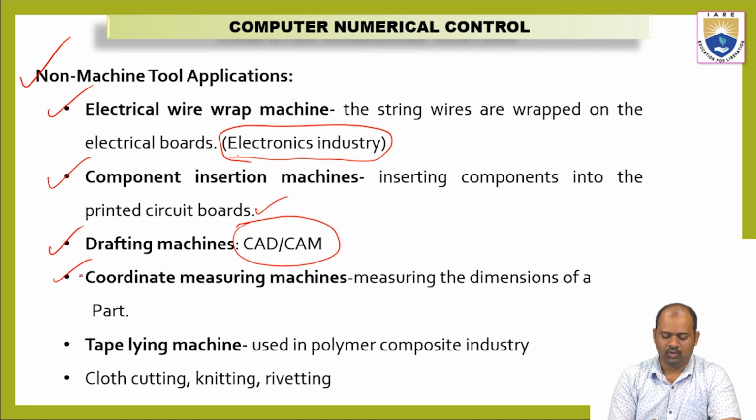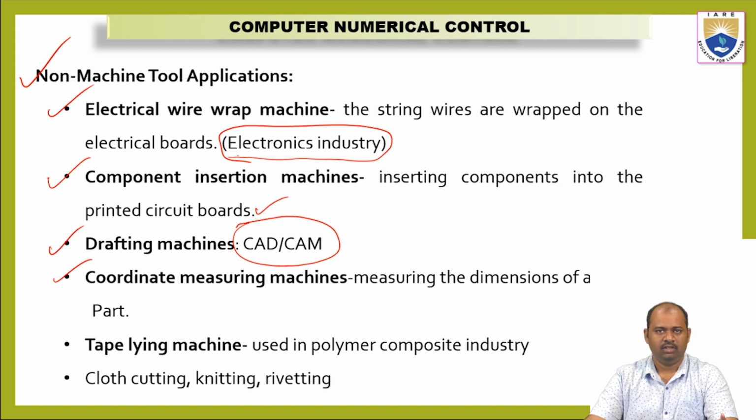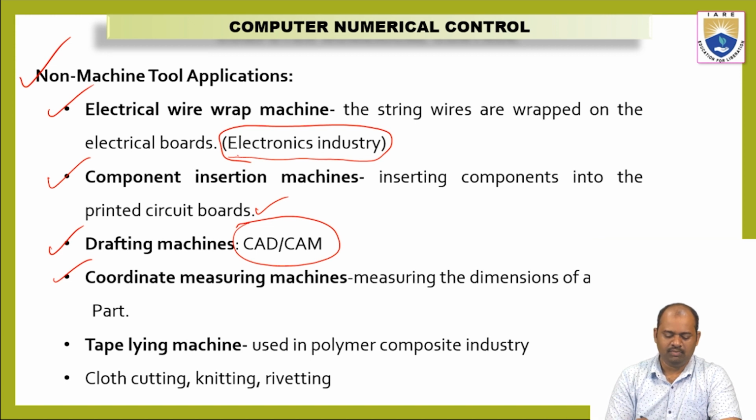And the next one is coordinate measuring machines. CNC machines can be used for measuring the dimensions of any object. If I have a workpiece and want to measure its dimensions, I can simply use a CNC machine attached with a laser. This laser machine will measure the dimensions of the body and give the dimensions and area parameters of the body simply.